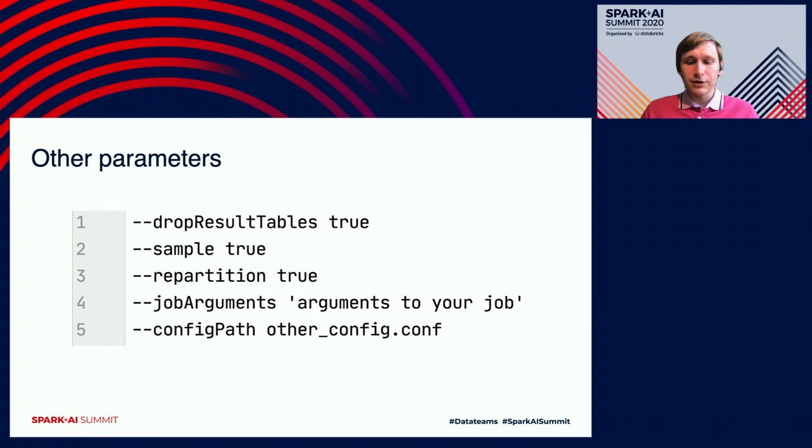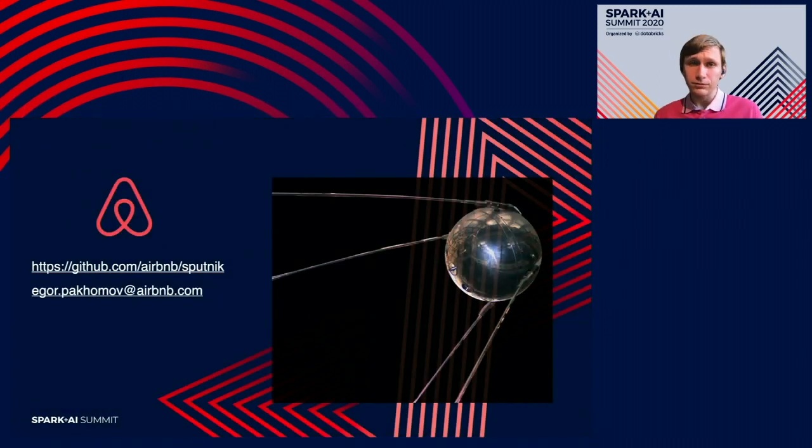And if you have several different scenarios in which you run your job, and the scenarios can differ in terms of which Spark configuration we are running with, or what kind of parameters inside of this job, you can pass a config path to some config on the machine on which you're running the Sputnik application, and that config would be used as the config from which it takes Spark configuration as well as all other configurations. And this is it.